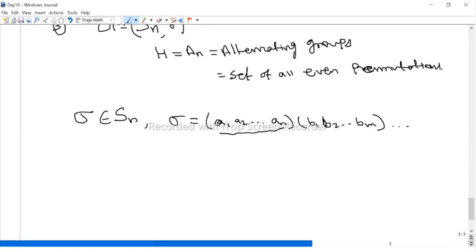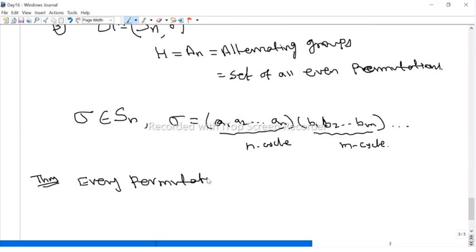This notation is called a cycle. The length of the first cycle is n, therefore it is called an n-cycle, and the length of the second is m, therefore we call it an m-cycle. So what is the theorem? Every permutation can be expressed as a product of disjoint cycles.